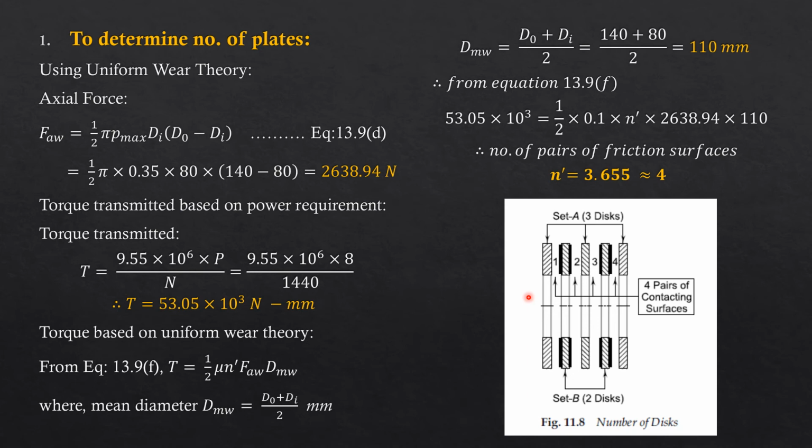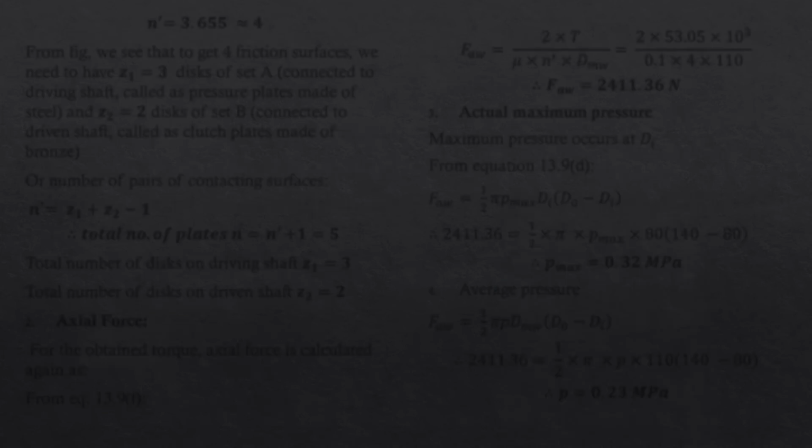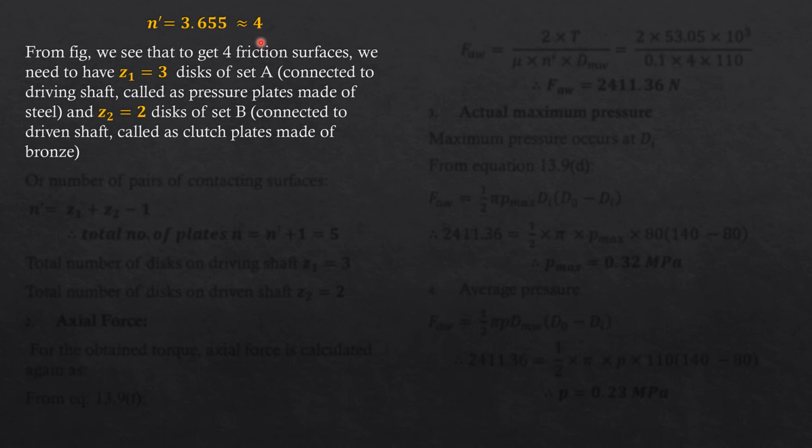Okay, therefore we will go to the next slide. We now see that we have obtained the number of frictional pairs as 4, and from the figure we see that Z1, which can be called the pressure plates or the plates which are mounted on the driving shaft, is equal to 3, and Z2, which will be the friction plates or the clutch plates which are mounted on the driven shaft, is 2.